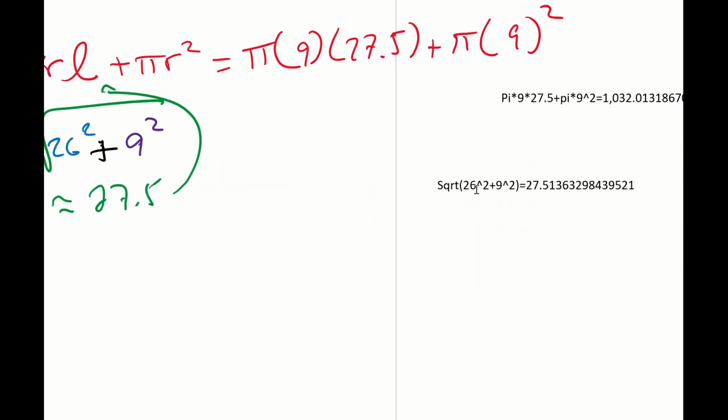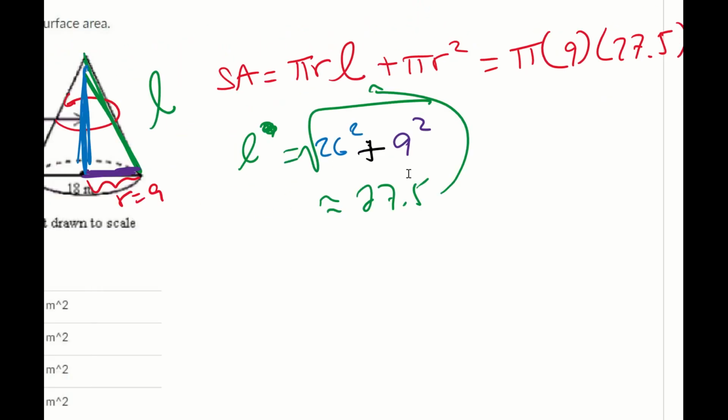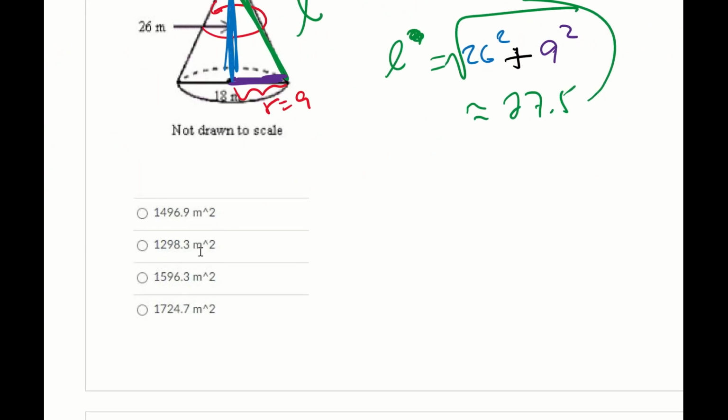So the answer is about 1,032, from pi r squared and pi r L. And it looks like it's not actually matching up with one of these choices, so that means there's a typo in this question.